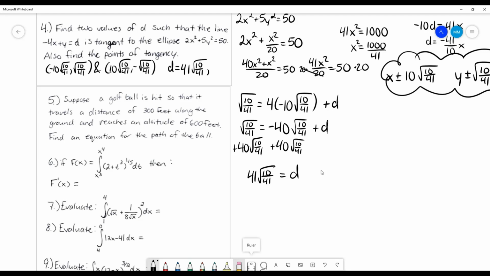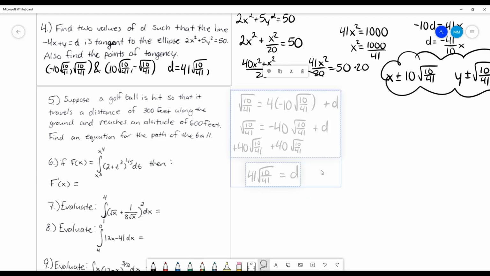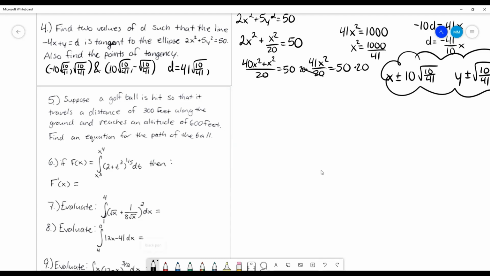And then we have to solve for a second d value. So we're going to plug in the other set of x and y values. Now it's going to be y equals negative square root of 10 over 41 when x equals positive 10 square root of 10 over 41 plus d. Now we just do the same thing. So this is going to be 40, and I'm going to subtract it from both sides.